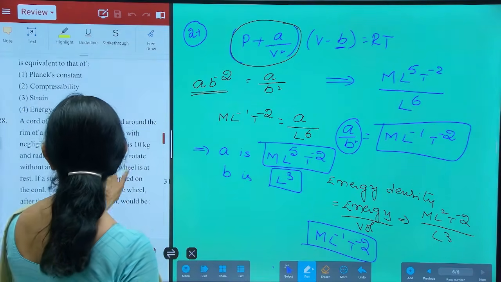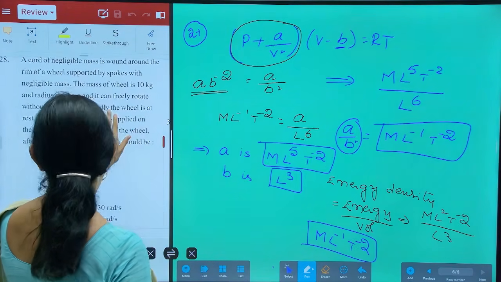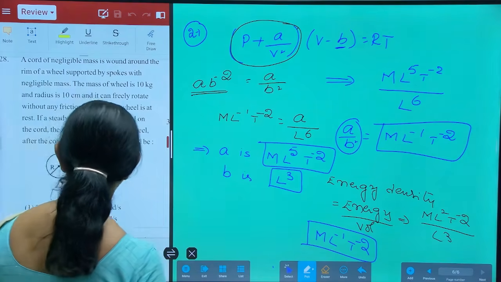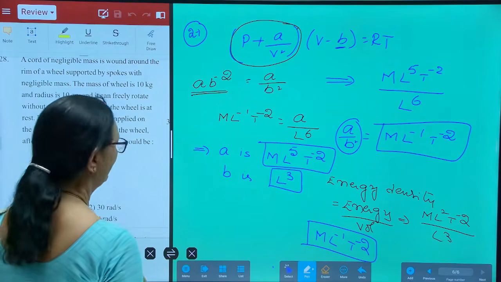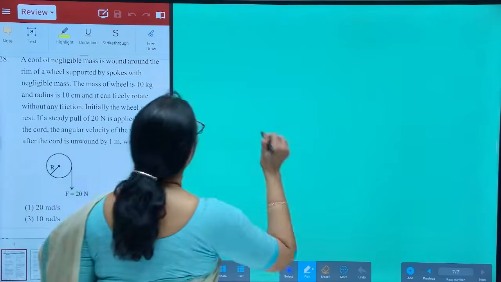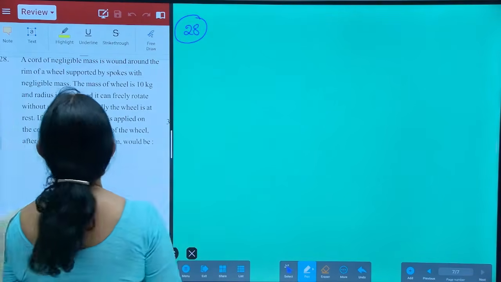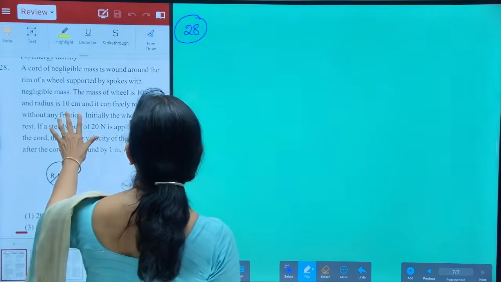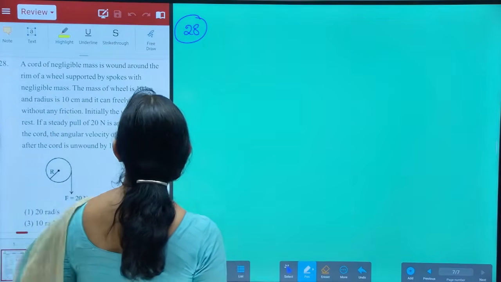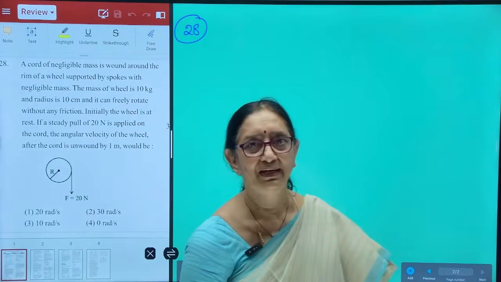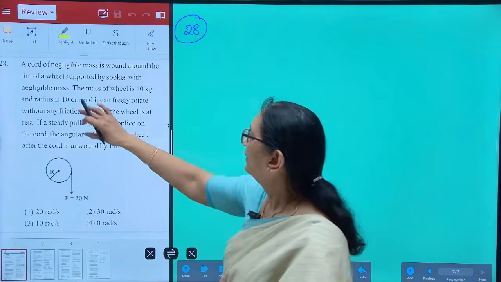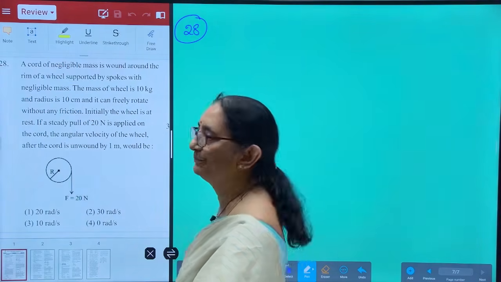Okay, now let us go to the 28th question. Look into question number 28. Here, a cord of negligible mass is wound around the rim of a wheel supported by spokes.